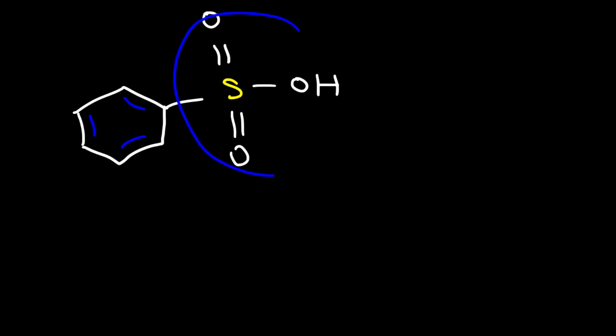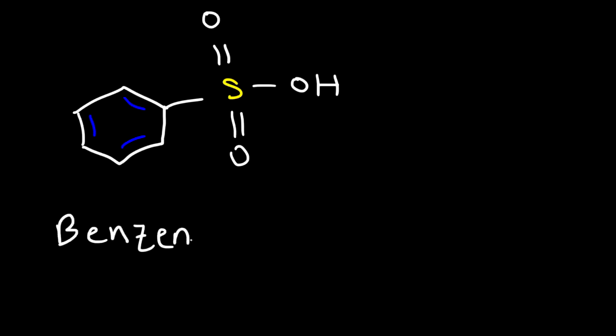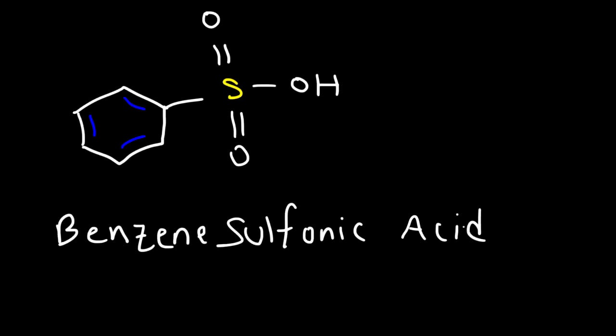So if you see this group, this is called a sulfonic acid. Combined, this is benzenesulfonic acid. Kind of like a carboxylic acid, but instead of that, it's a sulfonic acid.